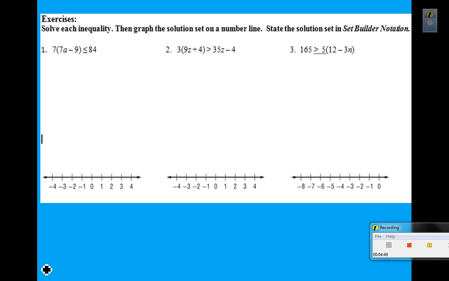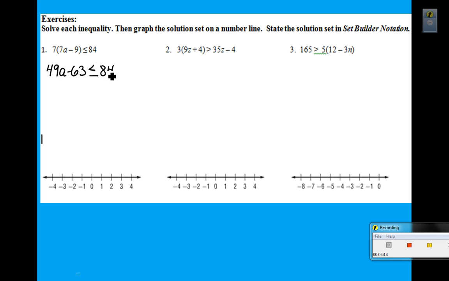Look at your class examples there. I'm going to click through the algebra, mainly because it's a video, and I don't want to give you time to type it in your calculator, so watch how I handle this and we'll go from there. On number 1, I'm hoping that you would say distribute first. So I'm going to get 49a minus 63 is less than or equal to 84.